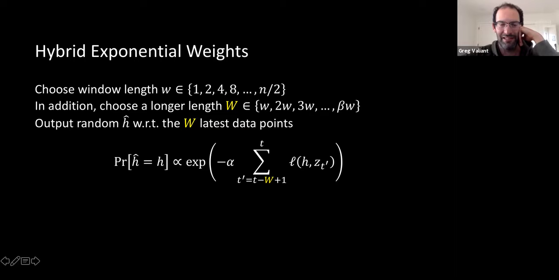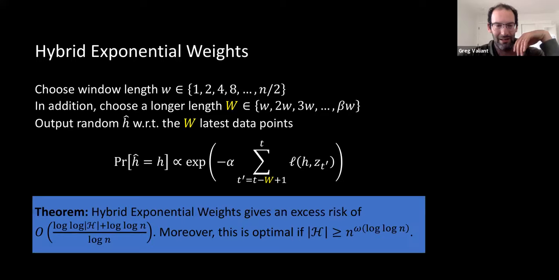Then we pick this slightly longer window, capital W, and do this exponential weighting of different hypotheses according to this longer window. And this is what buys us the extra log in front.